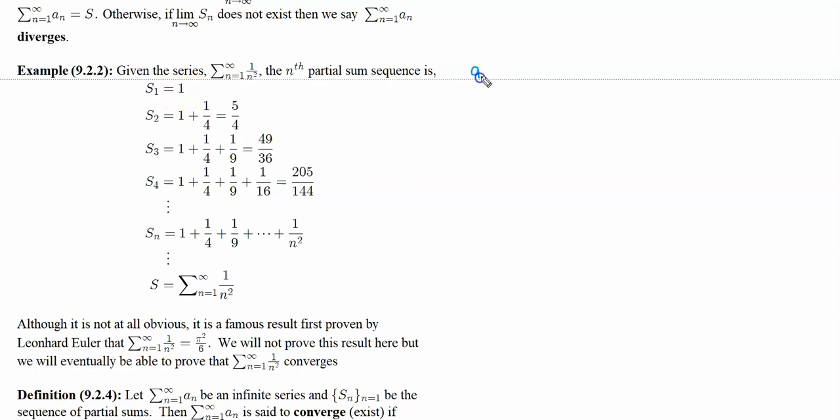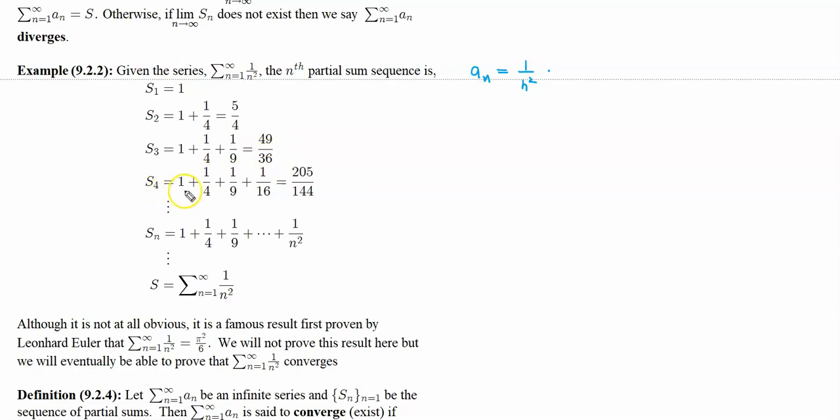Keep in mind the an's here are 1 over n squared. So this is just a1, which is 1. S2 is going to be a1 plus a2, so 1 plus 1/4, 1 over 2 squared. That's how you get the 1/4. Of course, that's 5/4. S3 is going to be 1 plus 1/4 plus 1/9, which is 49 over 36.